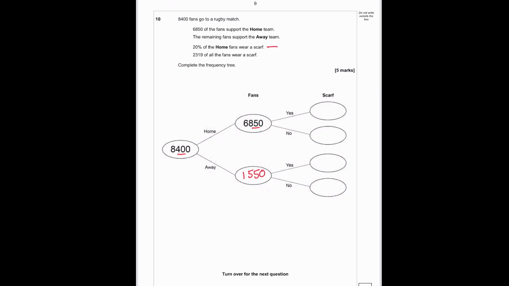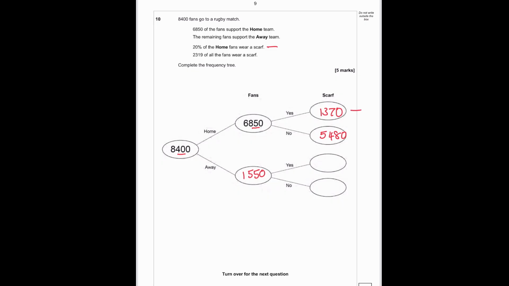So 20% of 6,850 gives me 1,370. And if I take away 1,370 from 6,850, I get 5,480. 2,319 of all the fans wear a scarf.